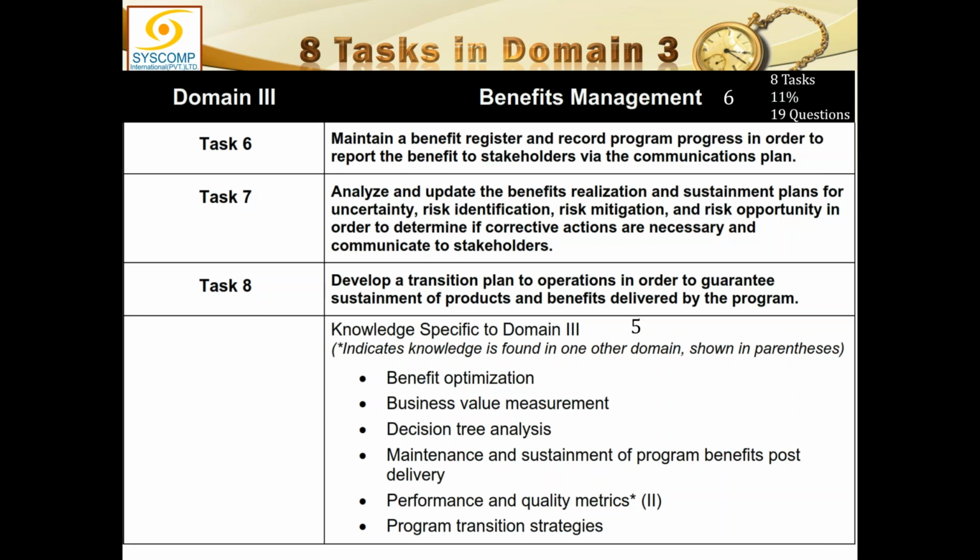How to do this, how to do that. This is the benefit management plan. The baseline is the benefit realization plan. Benefit realization plan will give you exact dates and everything.